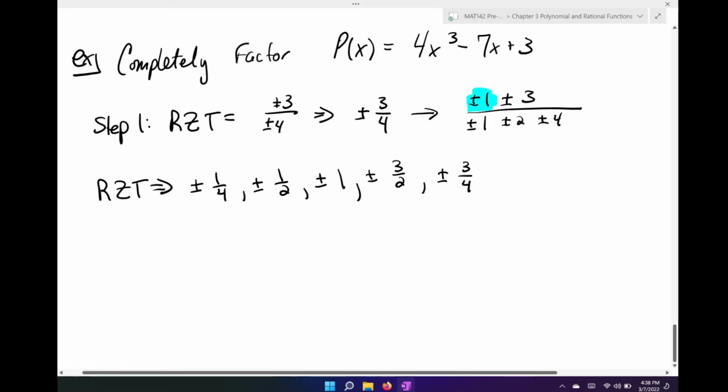Here's plus or minus 1 in my numerator. And there's plus or minus 4. There's the 1/4, okay? Now, here in blue is the 1/2. And here in blue is going to be the plus or minus 1, just the integer, okay?